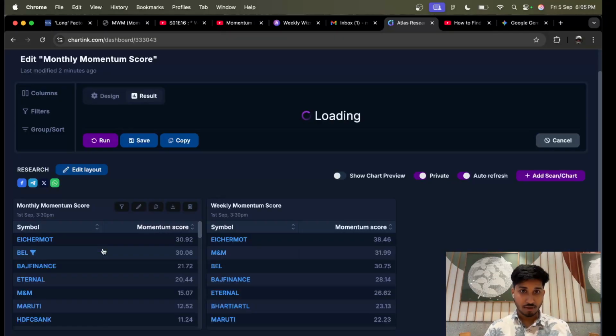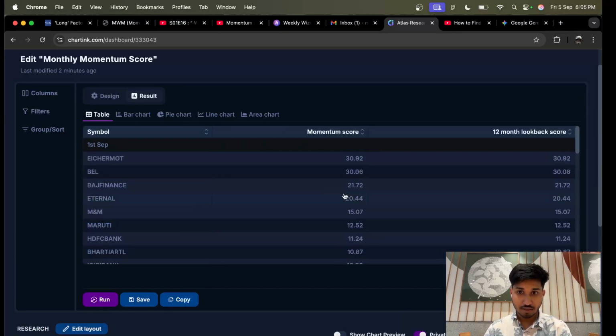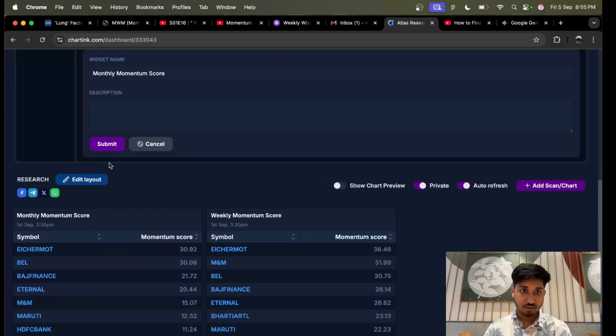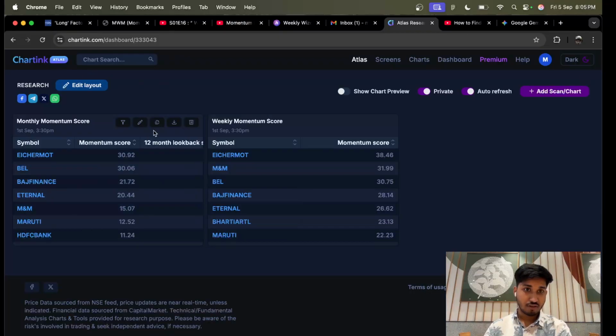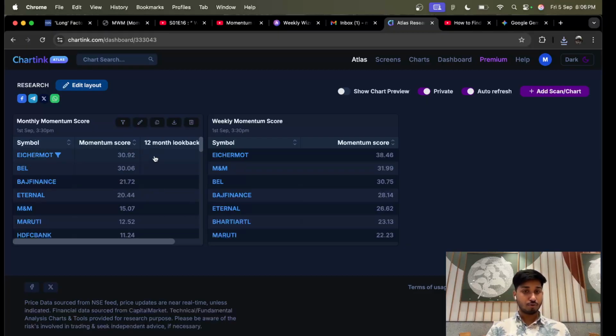Once you run this, you have a screen. You can save this, and once saved, you can download it. Once downloaded, open it in your sheets, and you have a sheet ready with all the stocks ranked from 1 to 50, from the strongest, highest momentum score to the lowest momentum score.